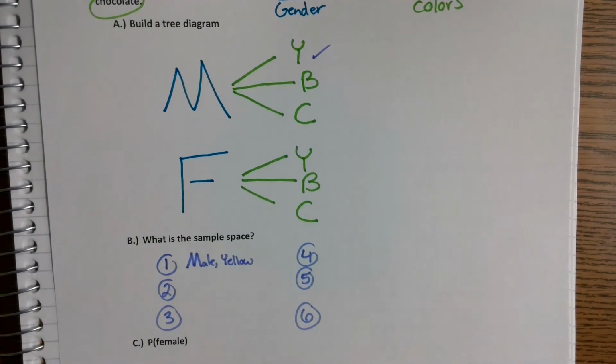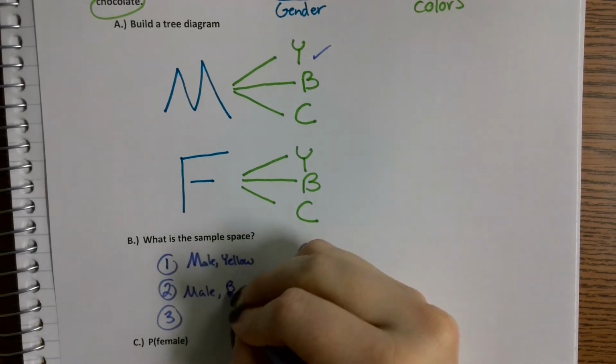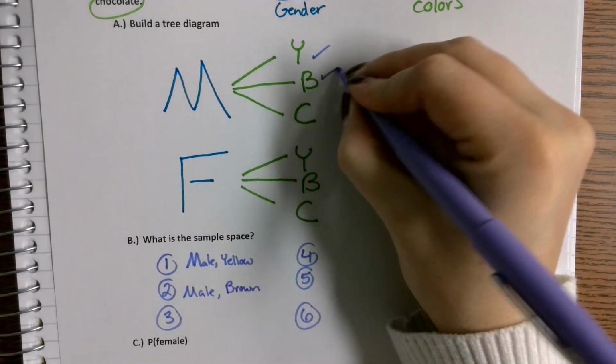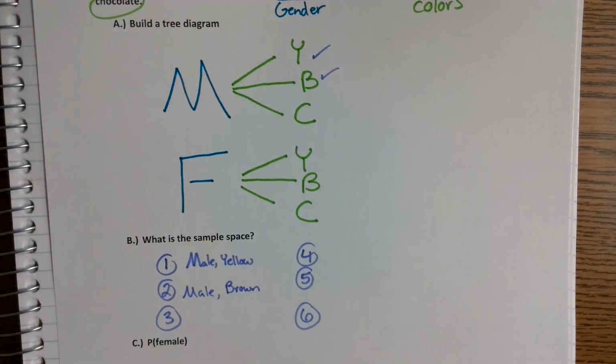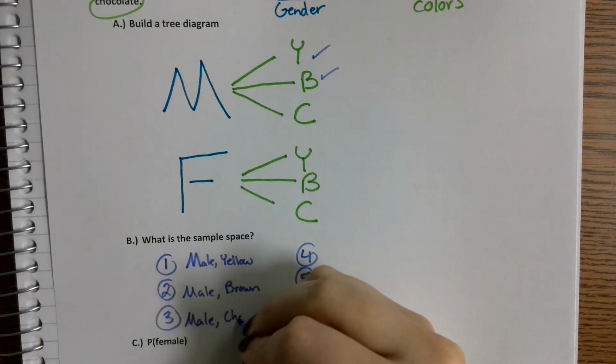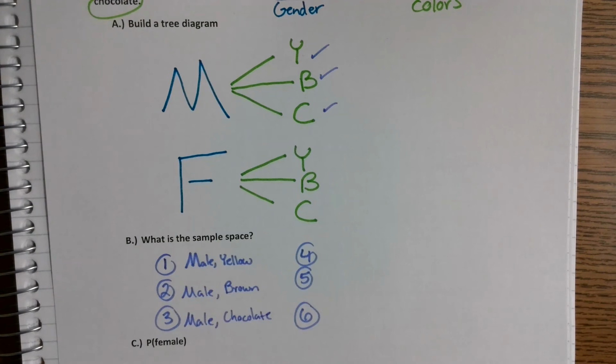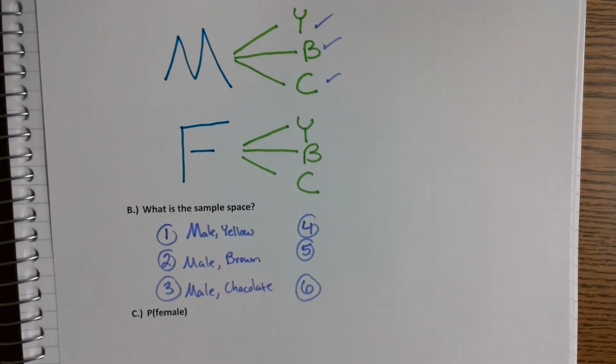What's the second option? Male and brown. Male, brown. Third option? Male, chocolate. What's the fourth option? Female, yellow.